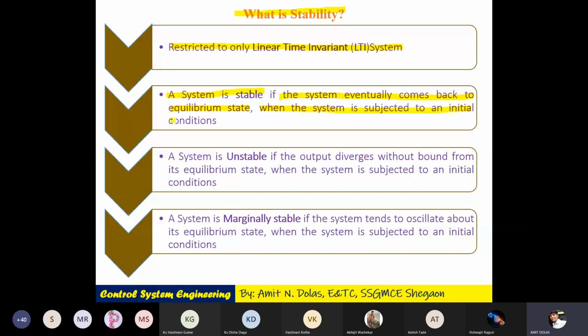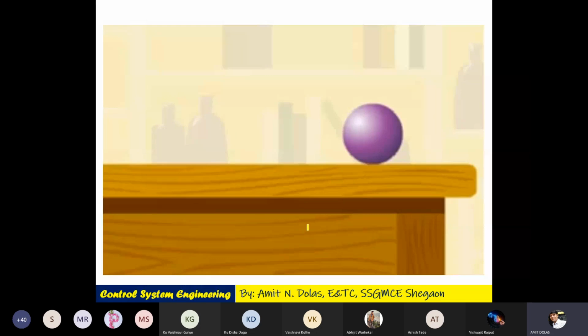A system is unstable if the output diverges without bound from its equilibrium state. We'll see the example for this also. And a system is marginally stable if the system tends to oscillate about its equilibrium state, when the system is subject to initial conditions. You can see the example here.